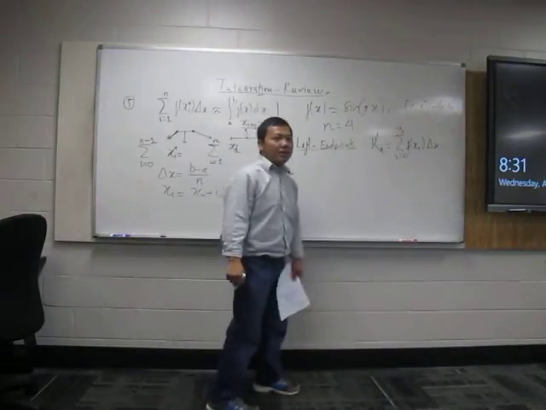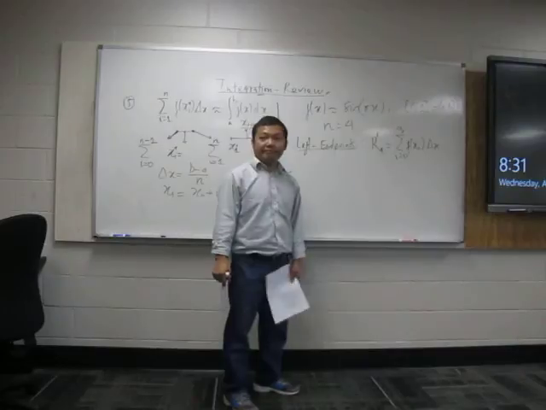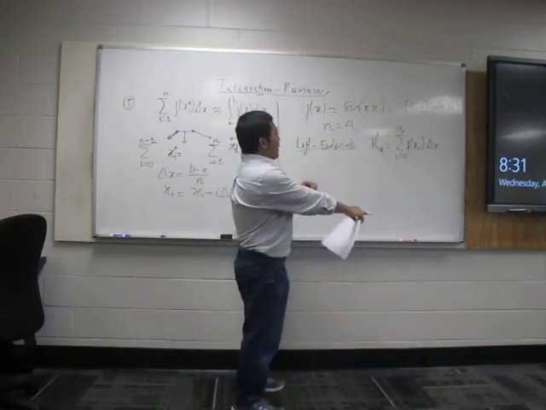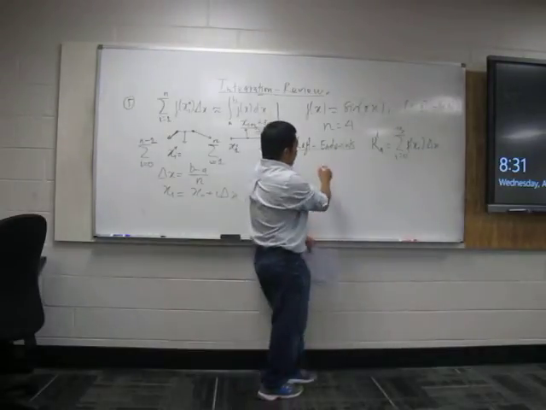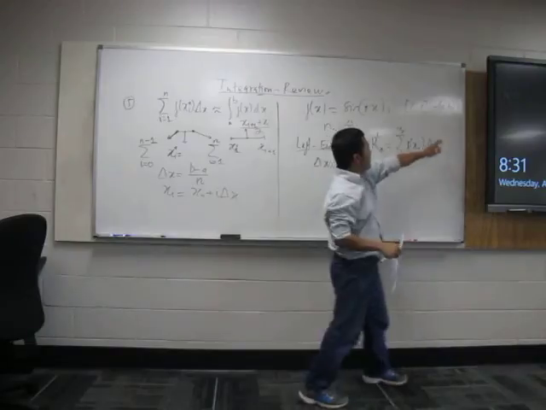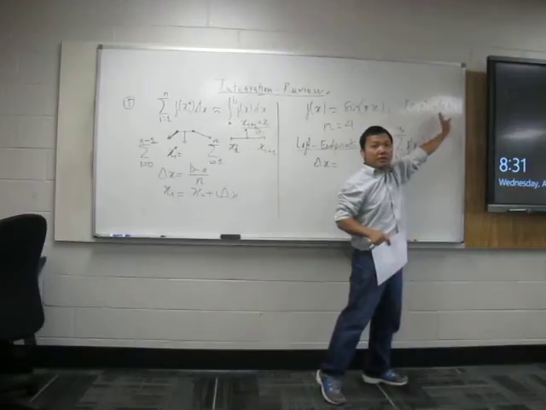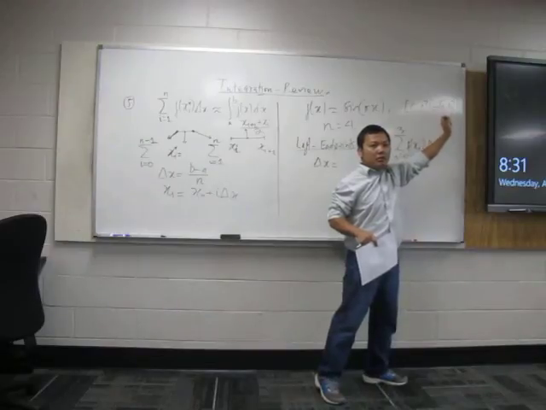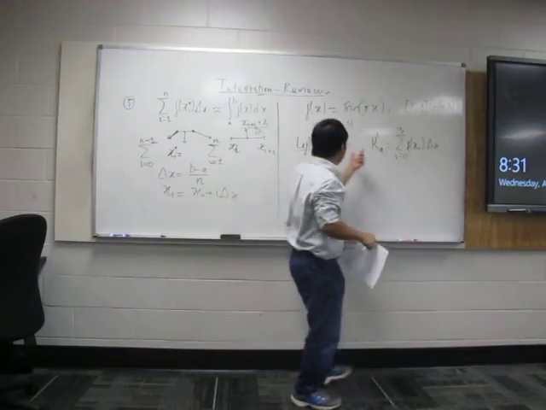The first thing I want to see in your solution is the Riemann sum. And next, you have to find delta x. What is delta x in this case? Delta x is equal to b minus a over n, and n is equal to 4.